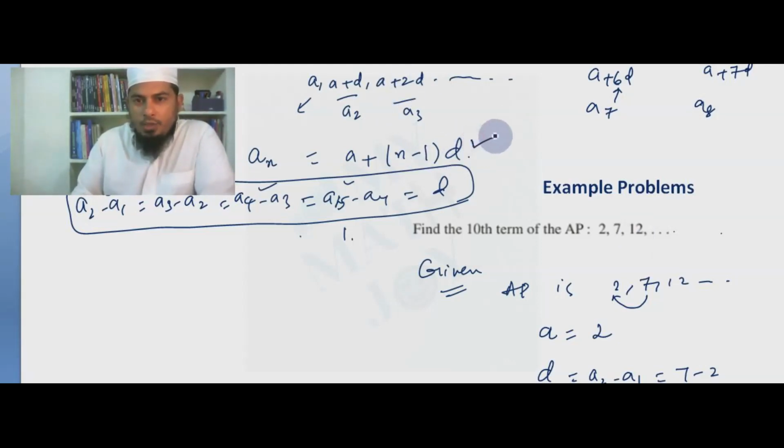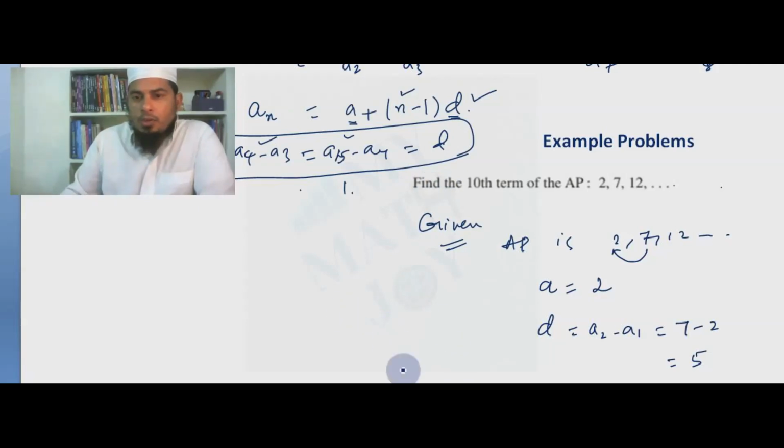The first term is a, and d is the common difference. The number of terms is n, and the nth term is an. So a is exactly 2, and the common difference is a2 minus a1, that is 7 minus 2, which is 5.